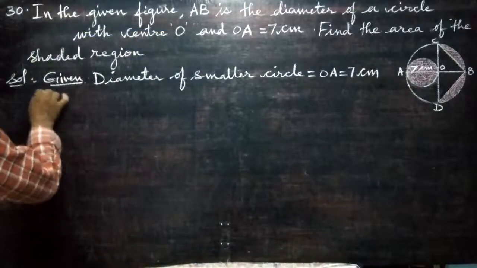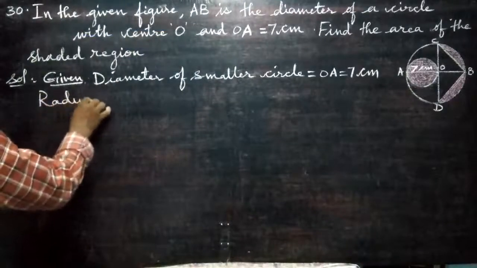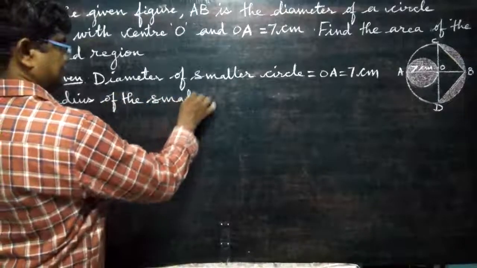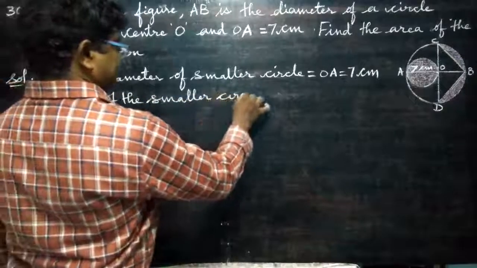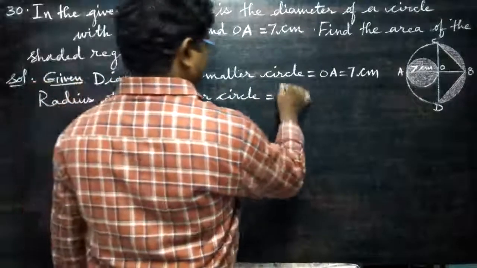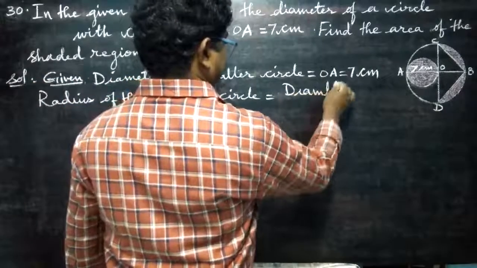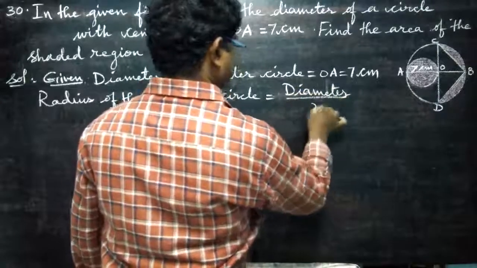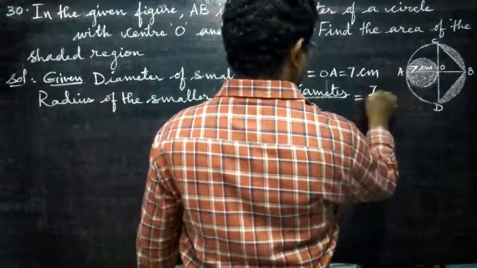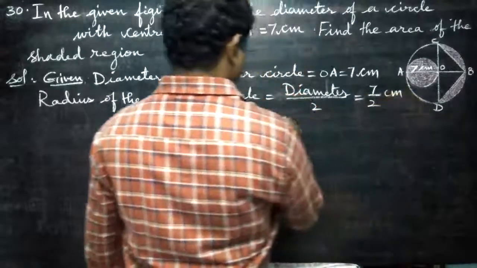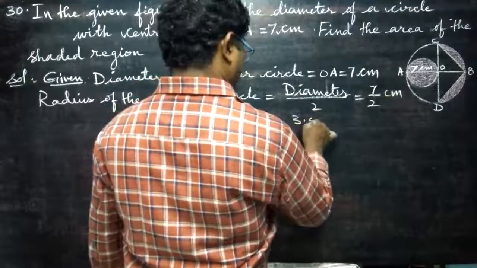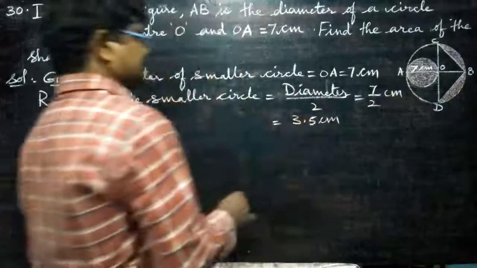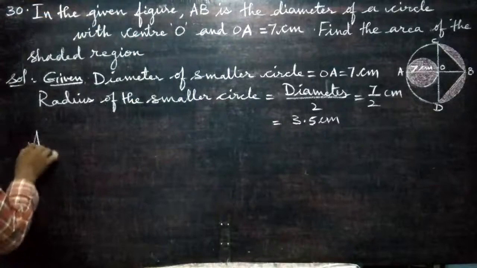Next, find radius of the smaller circle. Formula is diameter by 2. That is equal to 7 by 2 centimeters. You can write as 3.5 centimeters.